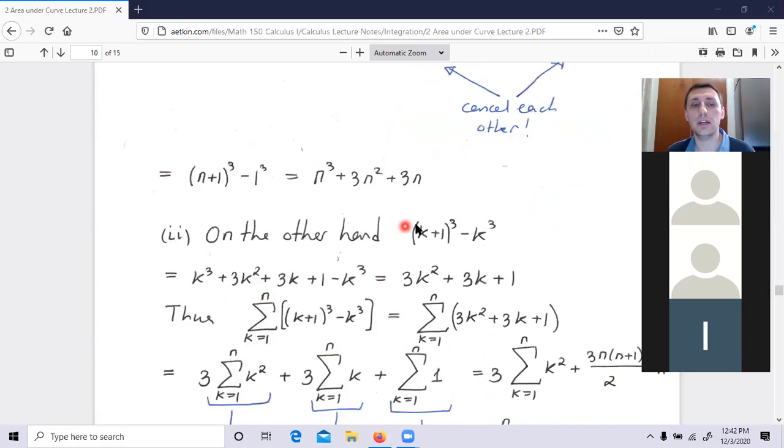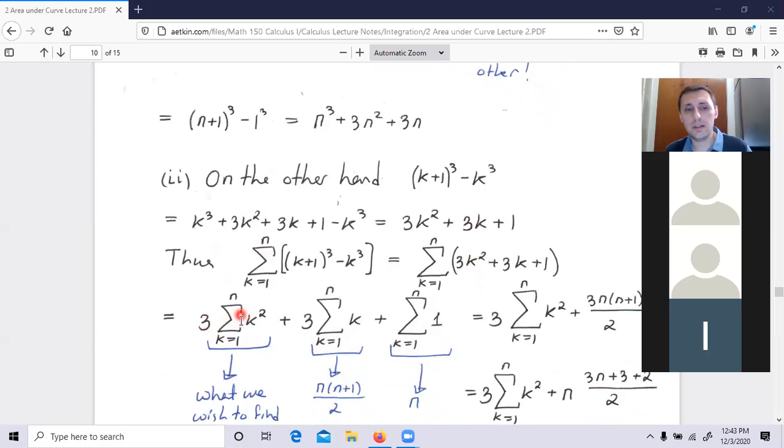So on the other hand, what I can do is I can expand k plus 1 cubed minus k cubed. I expand k plus 1 cubed, it's k cubed plus 3k squared plus 3k plus 1 minus k cubed. Look at what happens. The summation, if I cancel it out, it's 3k squared plus 3k plus 1. And so what do I have here?